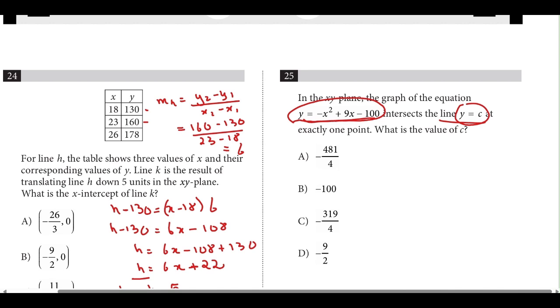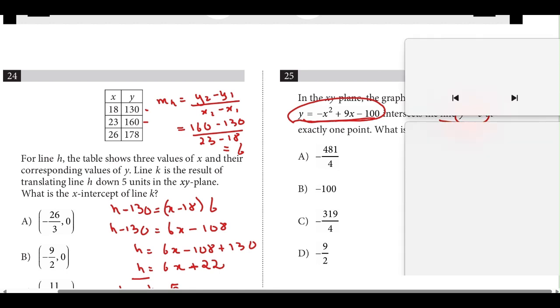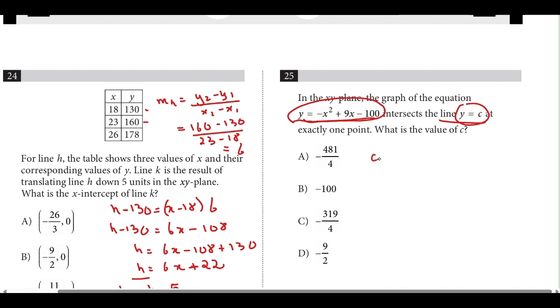So all we need to do is put it in, since it satisfies the equation of our graph. So c equals negative x squared plus 9x minus 100.